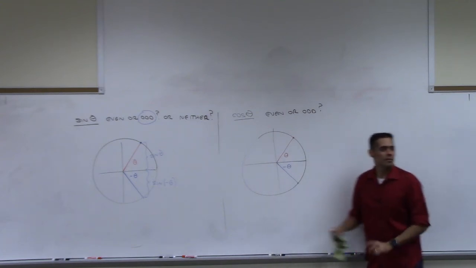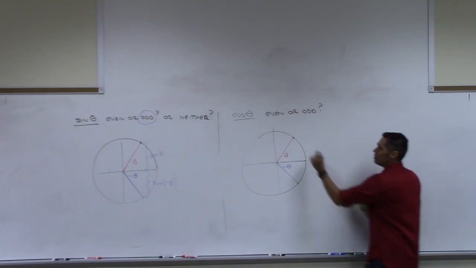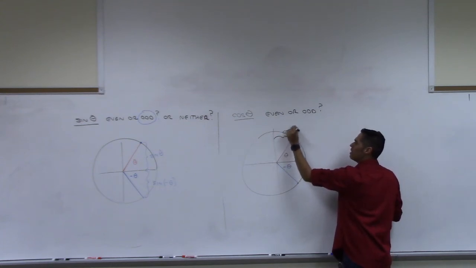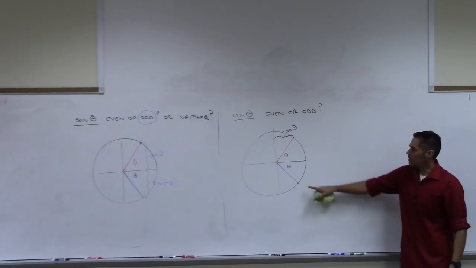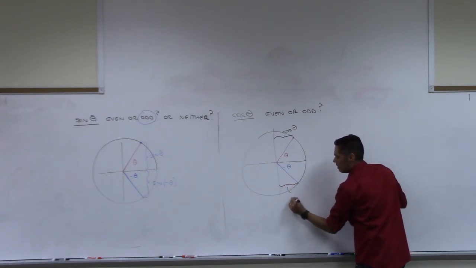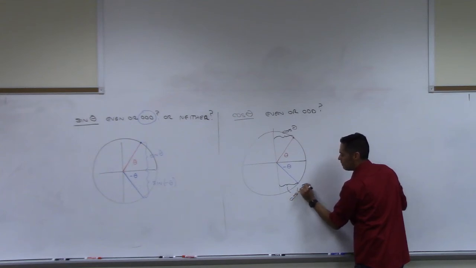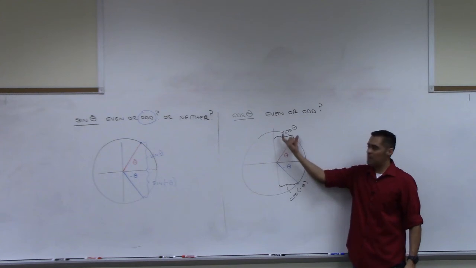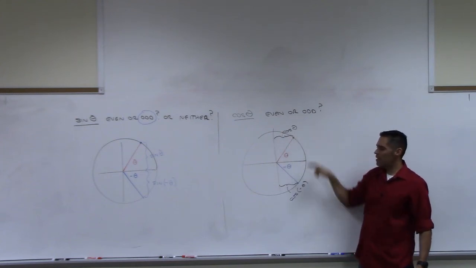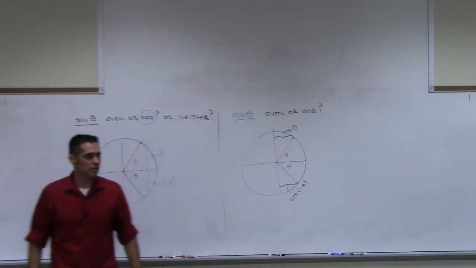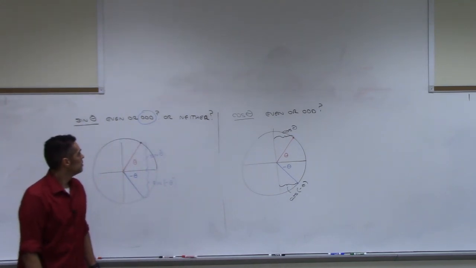Cosine is which coordinate? The x-coordinate. So if you look at this point right here, this distance right here, that's cosine of theta, isn't it? And cosine of negative theta is the exact same thing, isn't it? This is the same as this. So plugging in theta and negative theta result in the same answer. And that's what even functions do. So this is even.